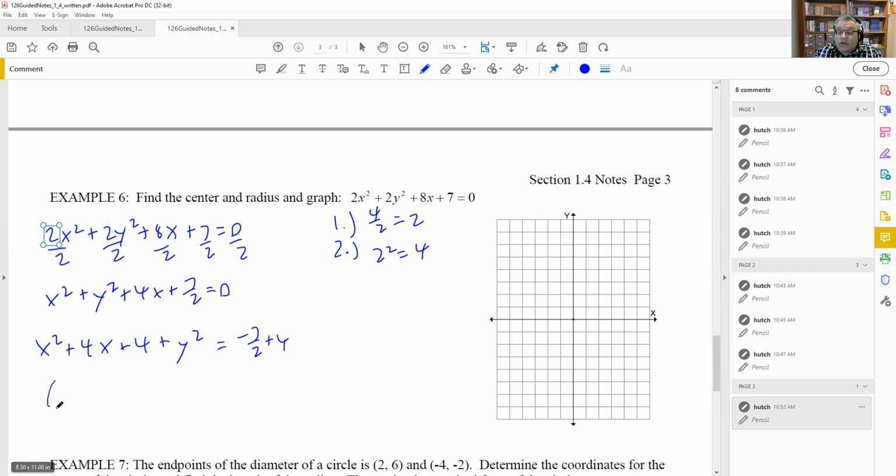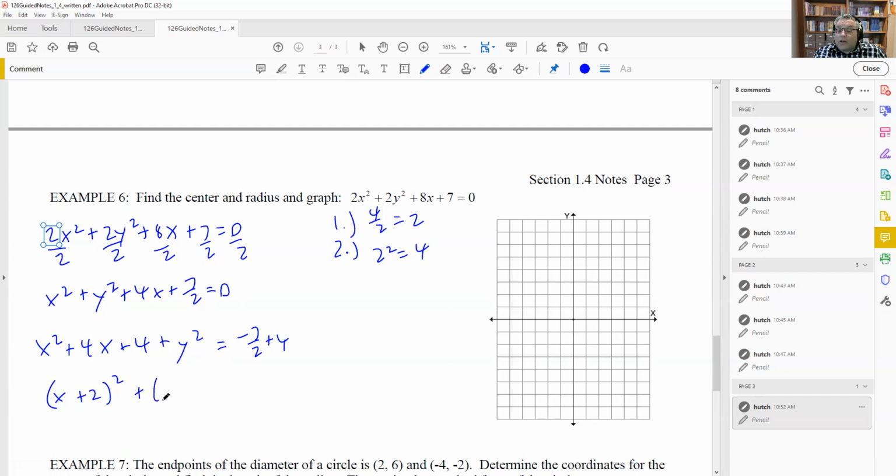By doing this, that's going to automatically put this into an x quantity squared. So x squared plus 4x plus 4 is a perfect square that goes into this shape. The number that goes inside the parentheses is the step 1 answer. Because it's positive, I will put a +2 right there.